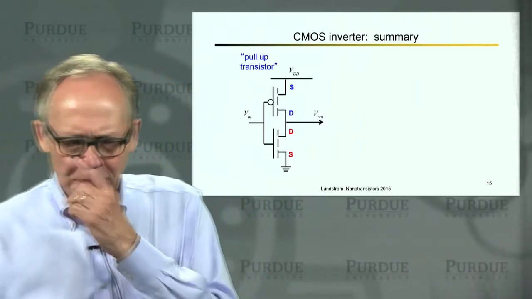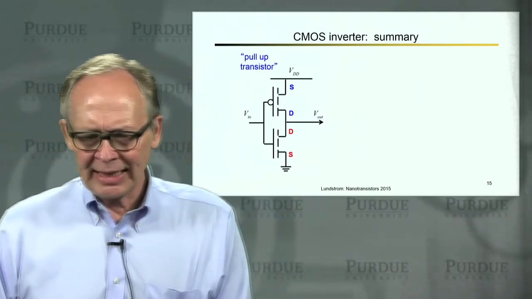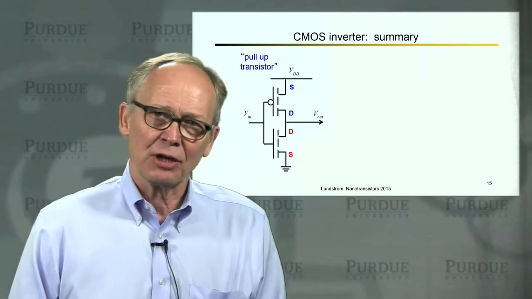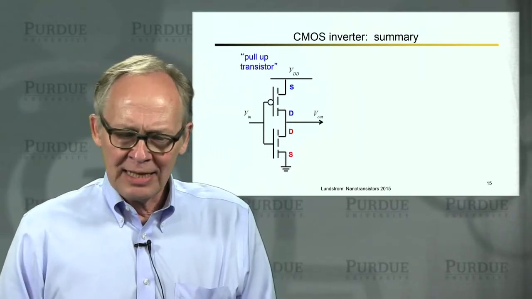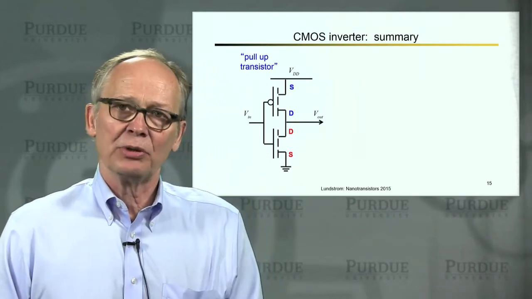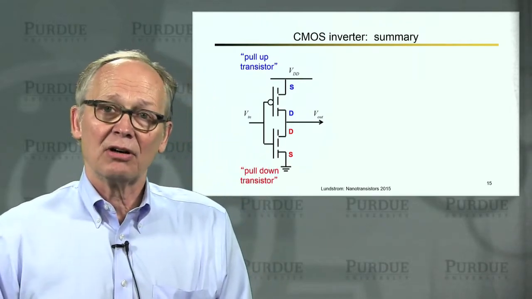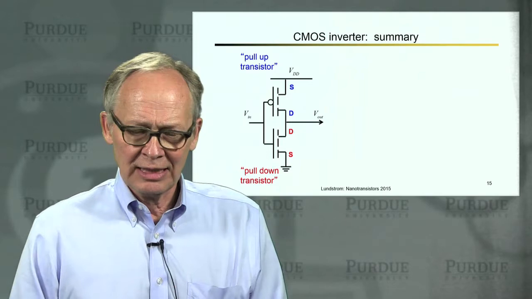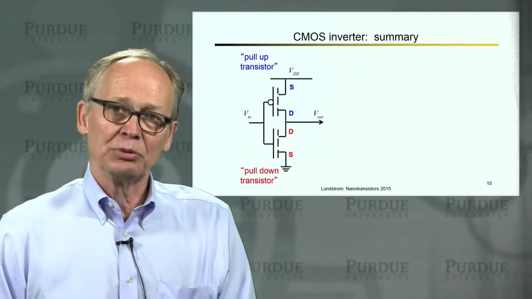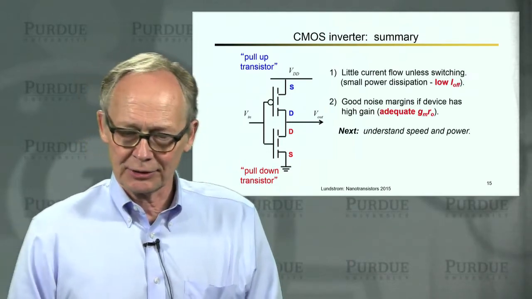Okay, so here's our CMOS inverter, and we have two transistors. The PMOS is often called the pull-up transistor because when it's switched on, it pulls the output up to the power supply voltage. The NMOS transistor is often called the pull-down transistor because when it's turned on, it pulls the output down to ground, or V equals 0.